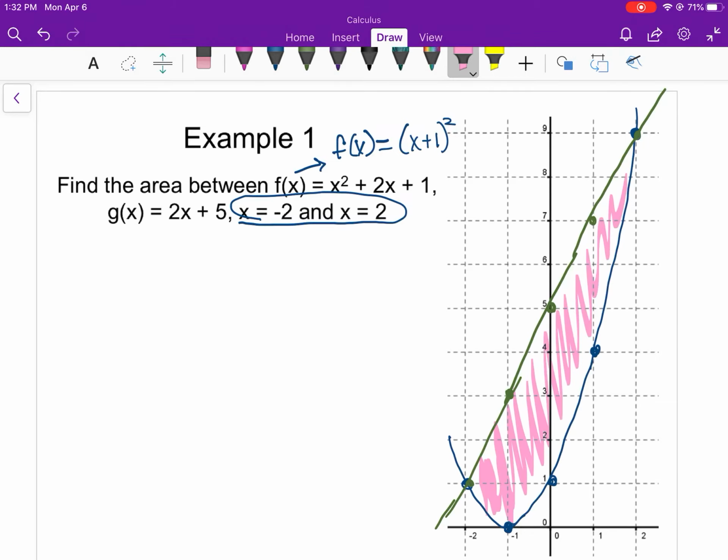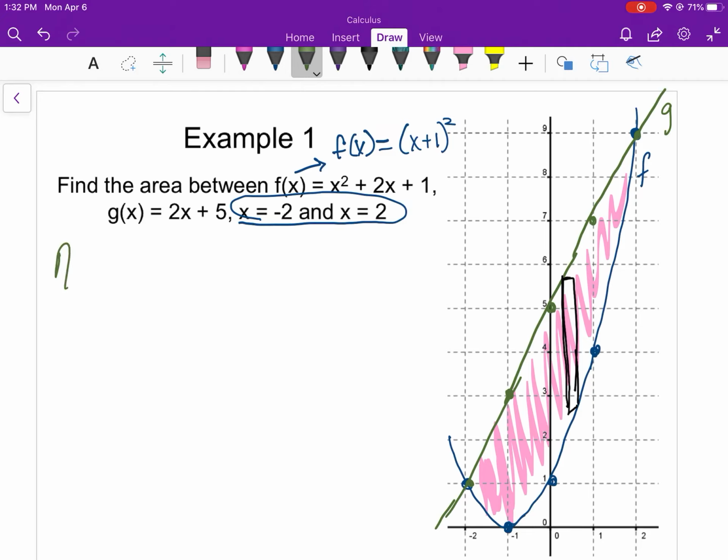All right, again, I want you to get used to drawing in the rectangle. The rectangle is going to help you identify which function is above and which function is below. Now my blue function is f and my green function was g. So in this problem, I see that the green is on top of the blue.